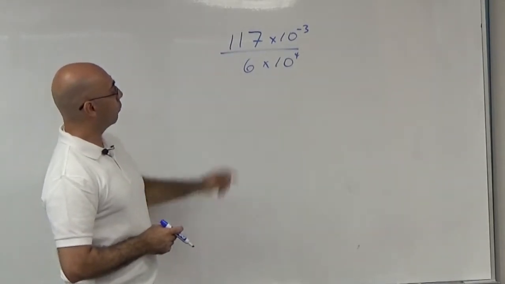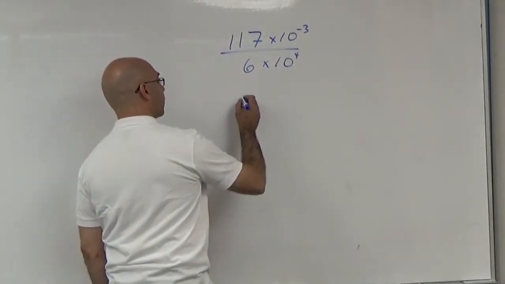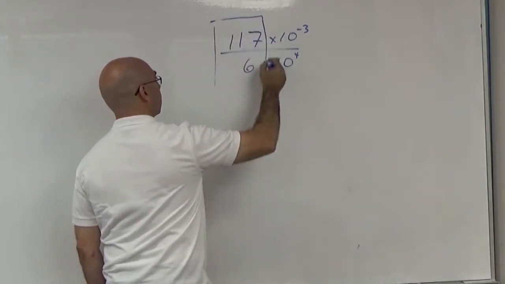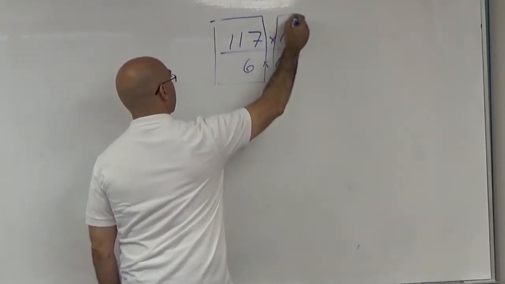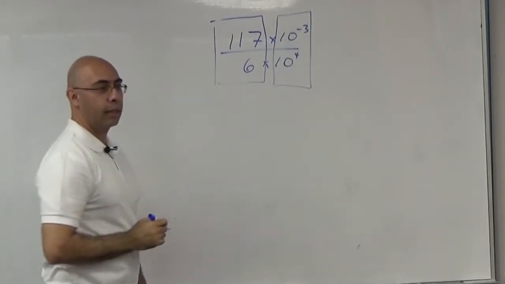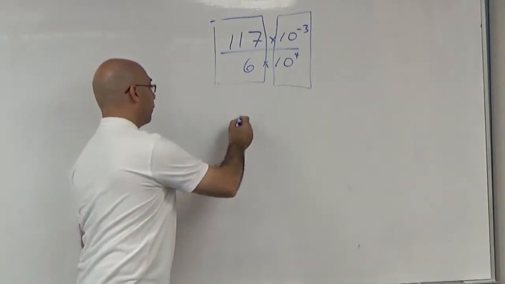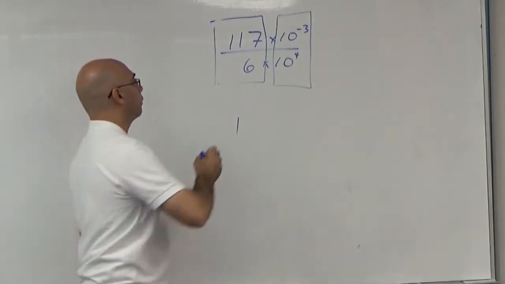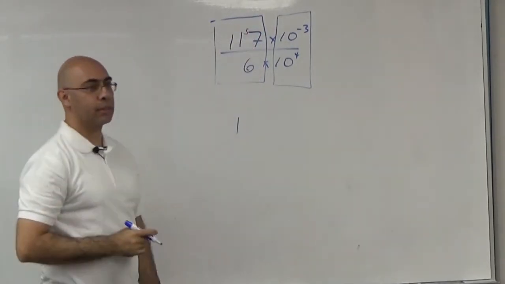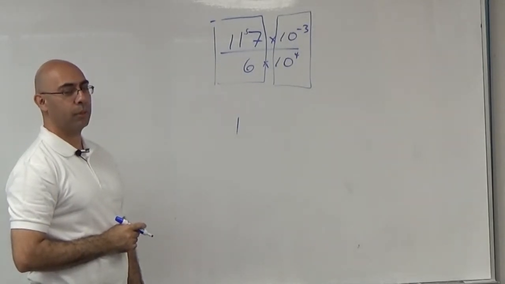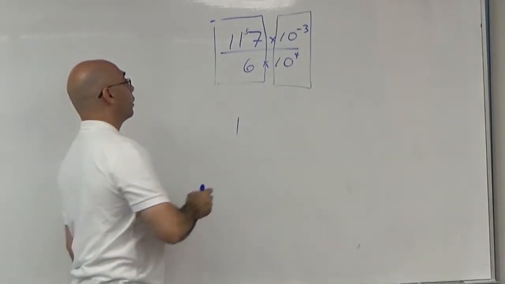So here, what's 117 divided by 6? So I'm going to split this up. How many times does 6 go into 11? Once. How much is left over? 5. How many times does 6 go into 57? 9 times. 6 times 9 is how much? 54.